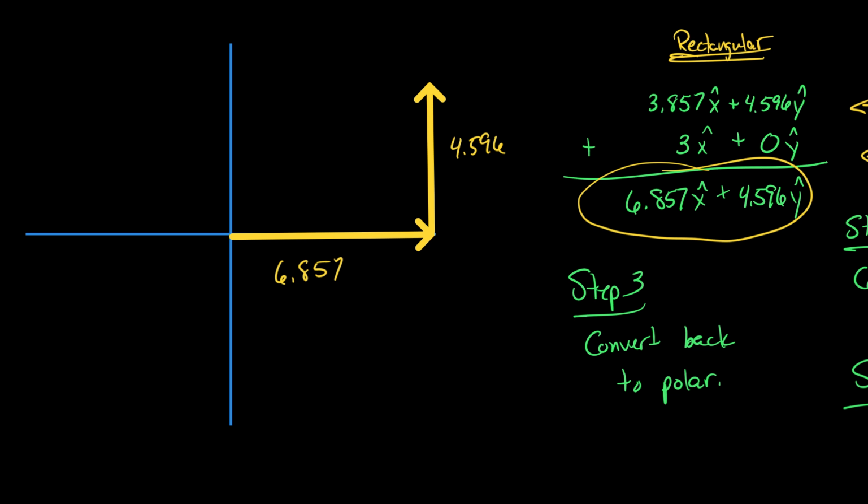Always display your vectors tip to tail. Always start the first one at the origin and start the next one at the end of the first one. Those are our component vectors.